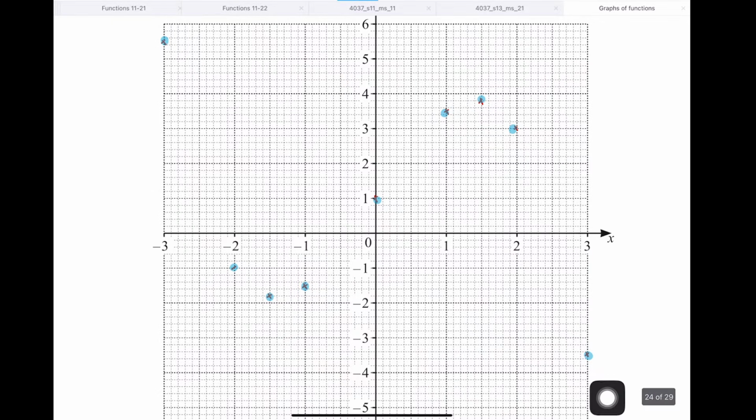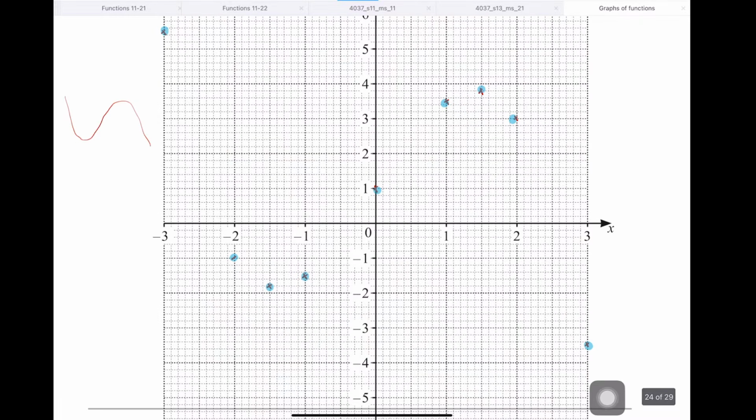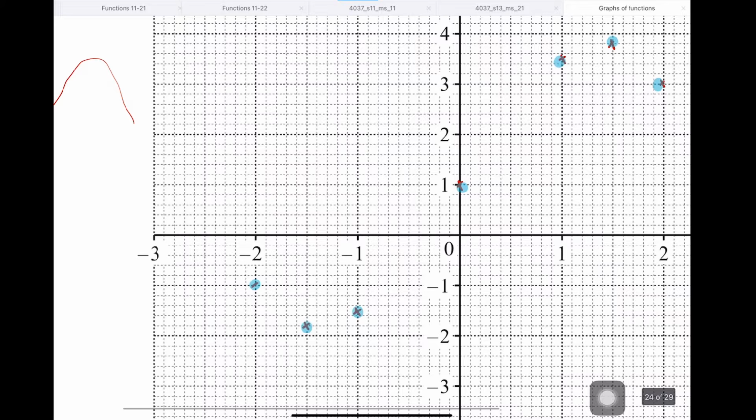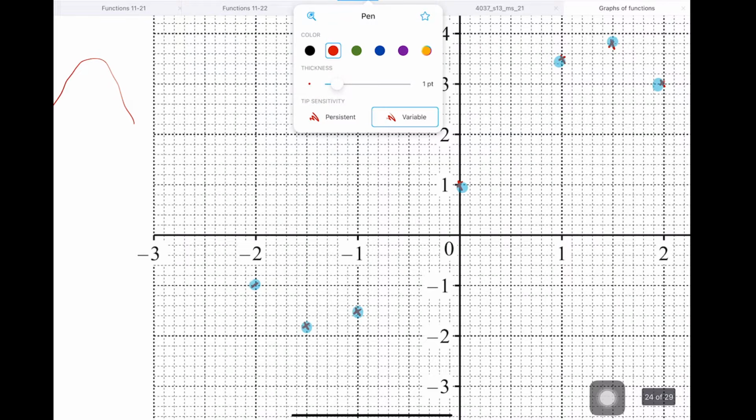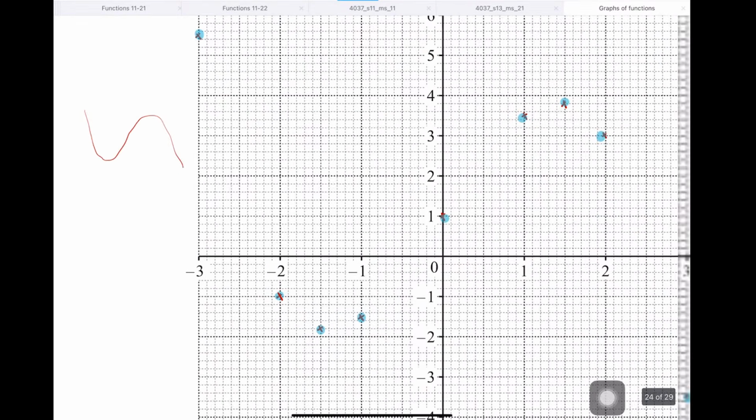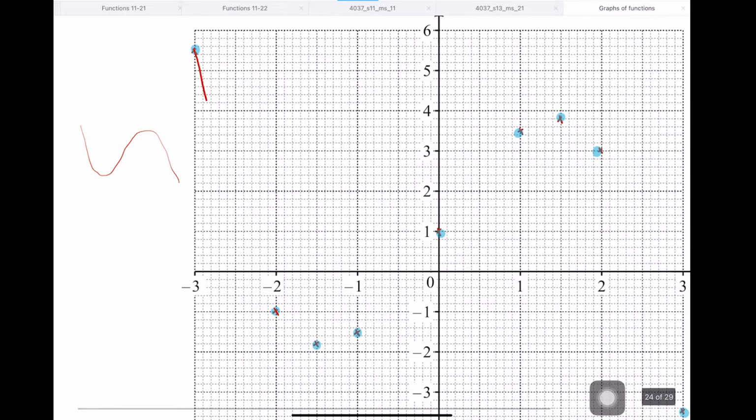There you go, so we're expecting something like this. Okay? So now let's draw it. For this we need a bit of concentration. Alright, so far so good.